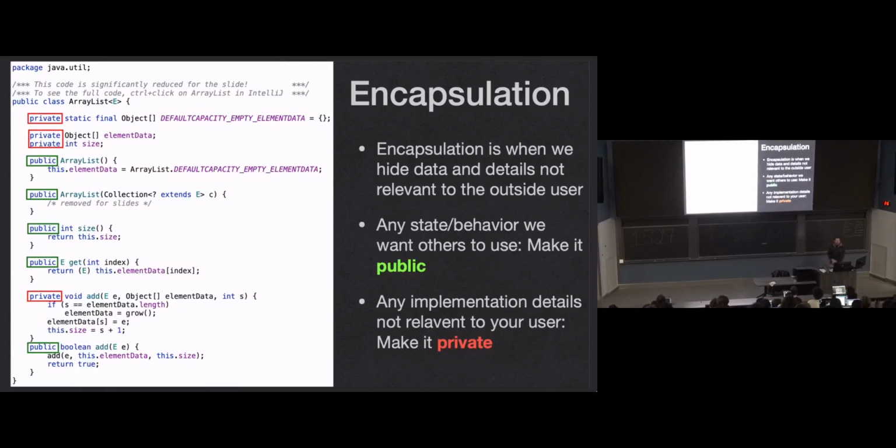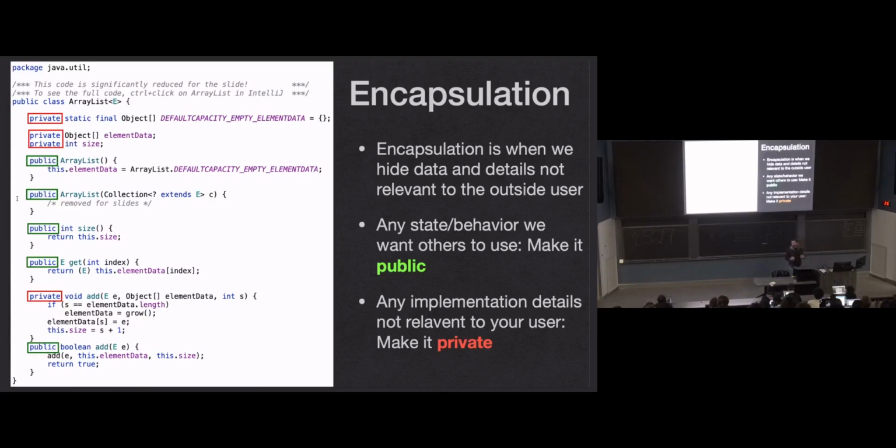We're seeing public and private all over the place. We've talked about this. I briefly mentioned it in previous lectures, but let's talk about it in a little bit more depth. So let me start with public. Public means anybody can call the method, anyone can access the variable. So we have some public methods here. Our constructors, we want these to be public. Everybody can create new array lists from any code, anywhere.